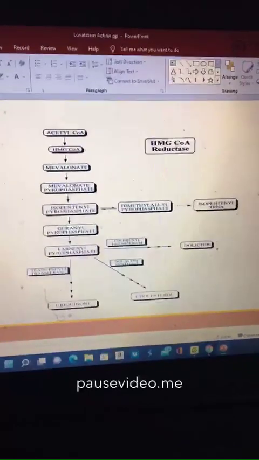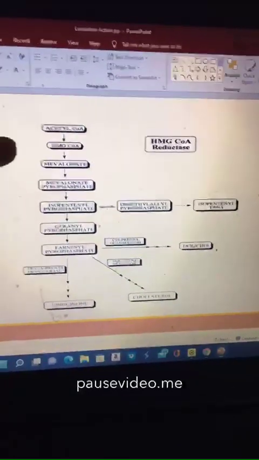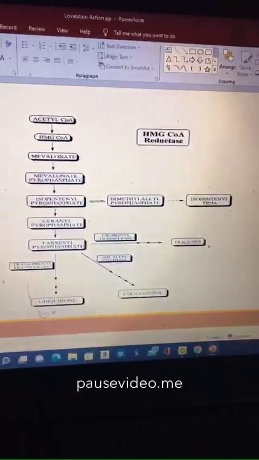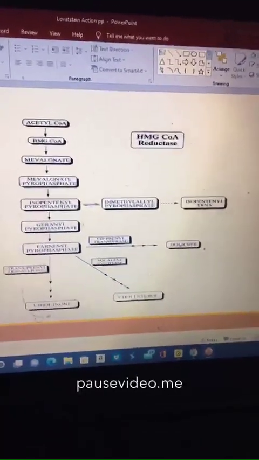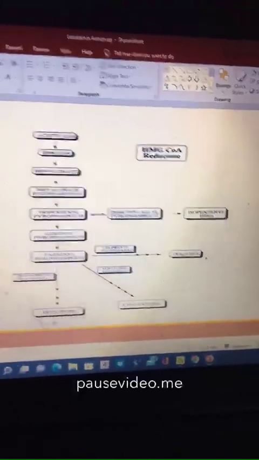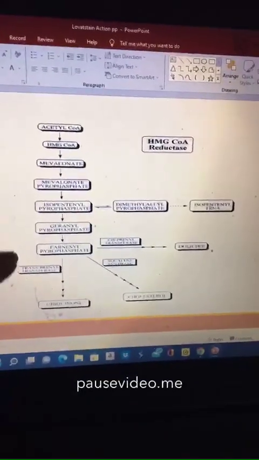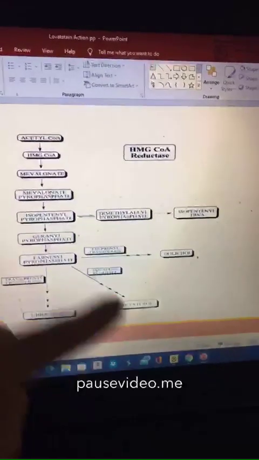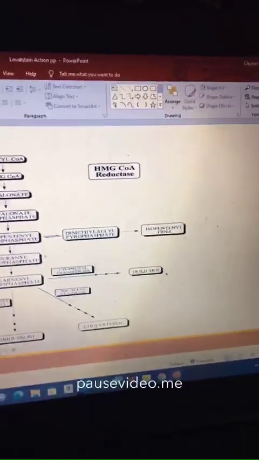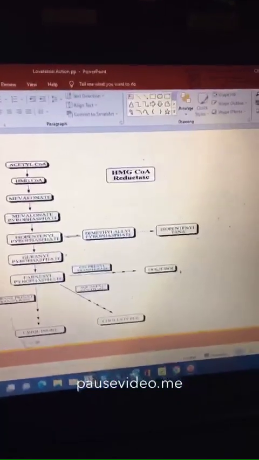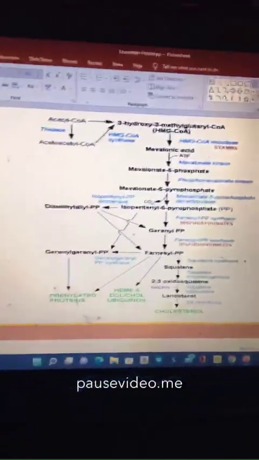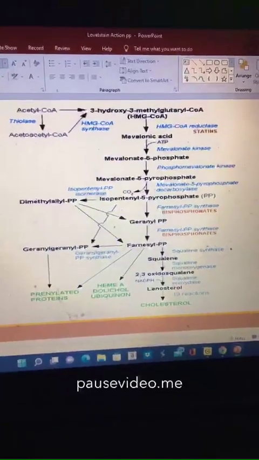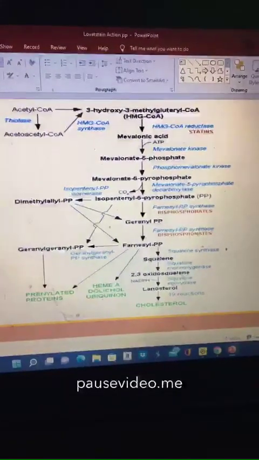But as you can see, starting at the top here, our first step is acetyl-CoA, and then through a series of steps, we come down here, and we end with cholesterol being our product.